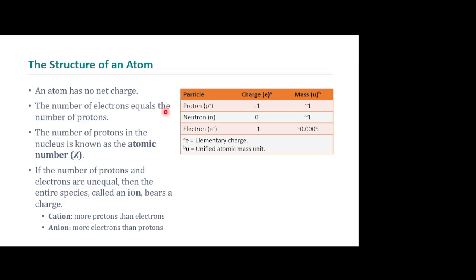And the protons in the middle can't move as fast as those electrons can, right? Because they weigh 2,000 times the amount, don't they? So you want to think about it like this. The orbitals are really just the places the electrons are going to occupy. They aren't actually the electrons themselves, okay?